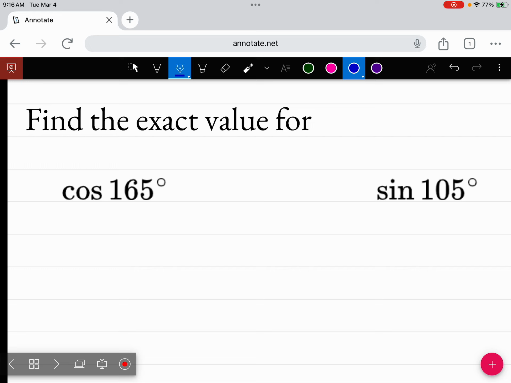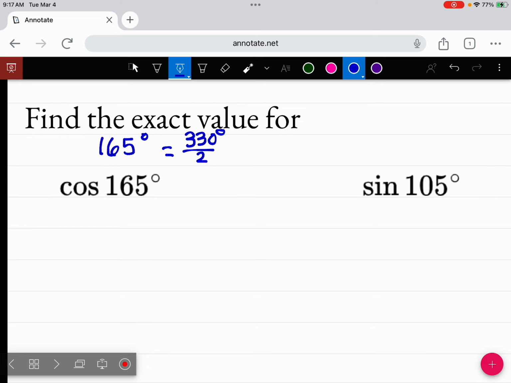330. So if I take 165 degrees, that's the same thing as 330 divided by 2, right? Do we know 330? Yes.